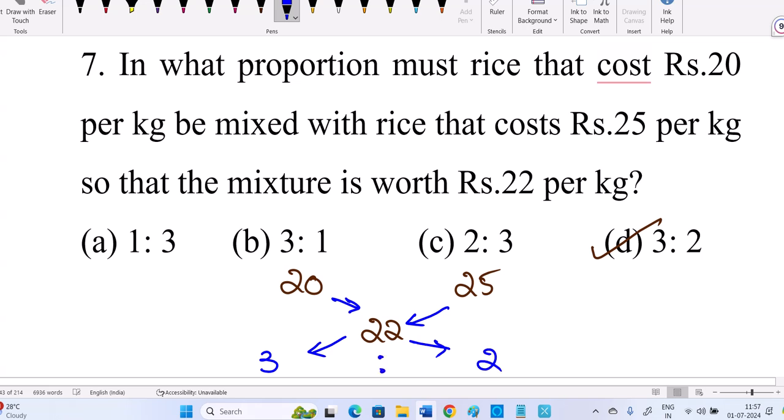It's nothing but 3 is to 2. Clear? Right.